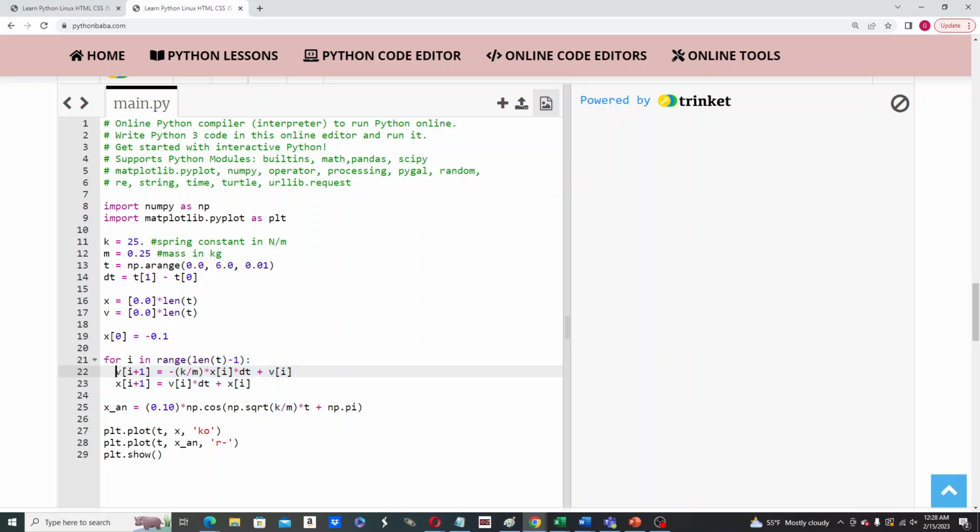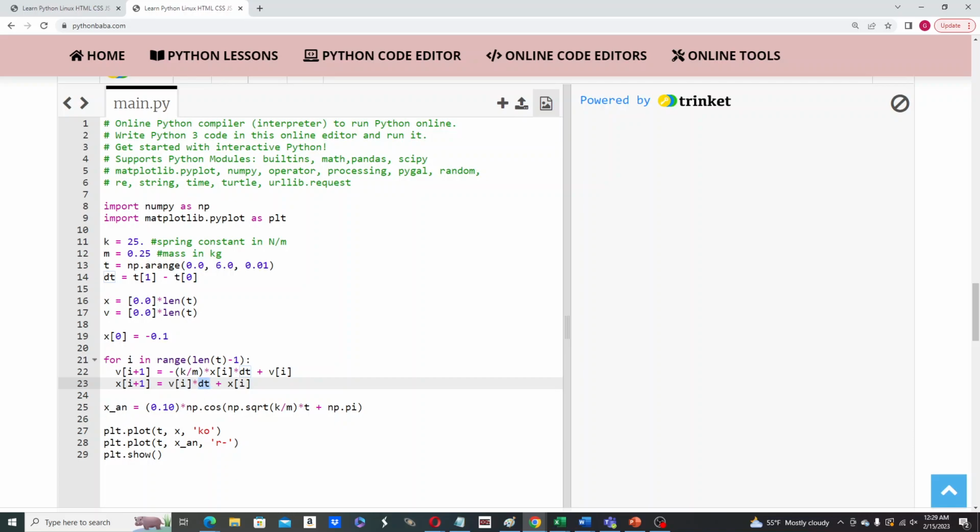I've got my velocity at each next time step to be computed by negative k over m times the position at each time step times dt, or my time increment, plus my velocity at each time step. And then I'm going to compute my next position using my previous velocities and previous positions and my time increment.